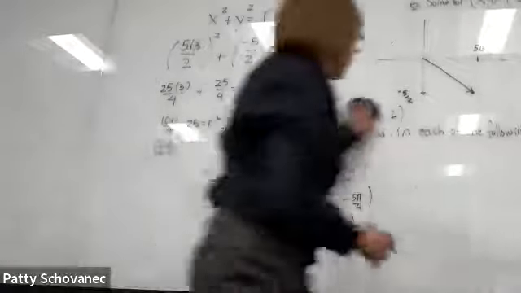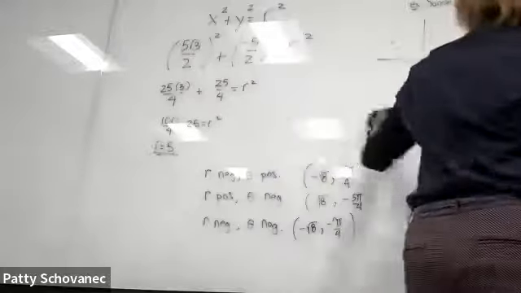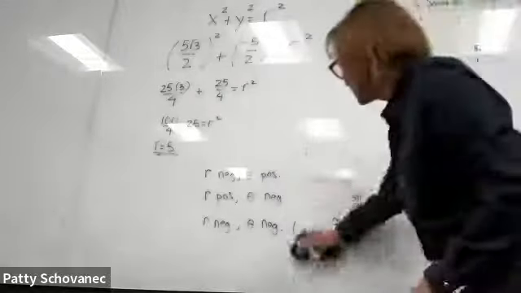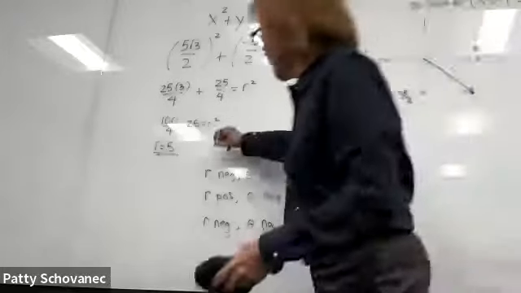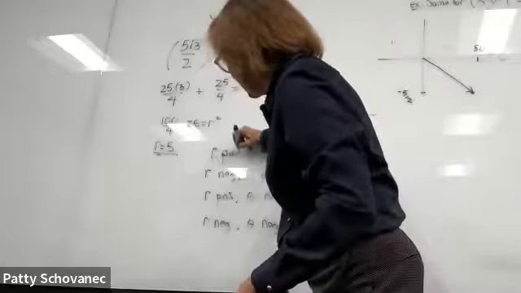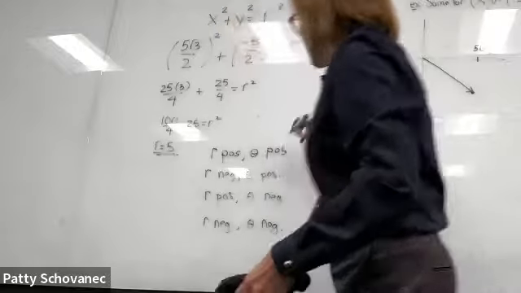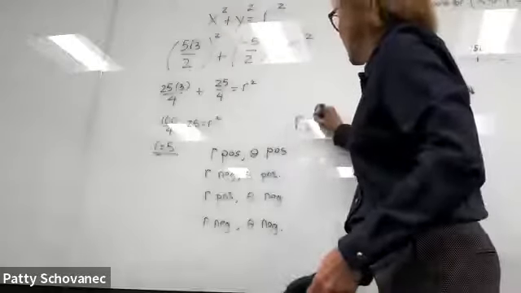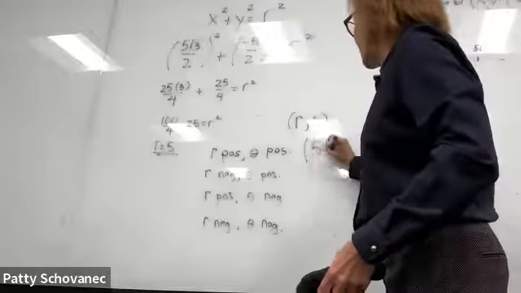Let's see if r is positive and theta is positive in our ordered pair r comma theta. I'll put my 5 right here.